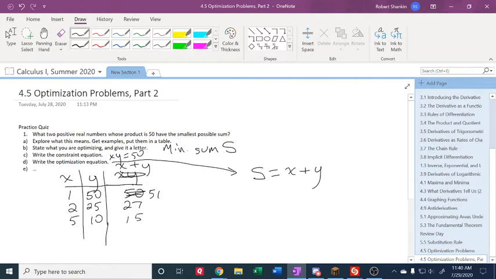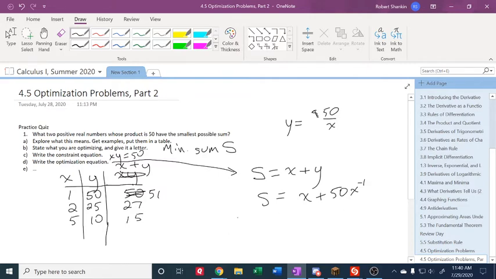So I take this equation, solve it for y, 50 over x. So S is equal to x plus 50. I'm going to write it as x to the negative 1.